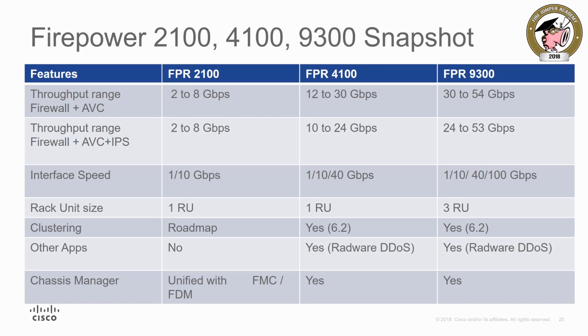With the 4100, you'd be looking at data center and larger enterprise scenarios and servicing those kinds of environments. The 9300, as we've mentioned, is for service provider, giving you some huge capabilities for throughput and DDoS and so on and so forth, as you can see there.